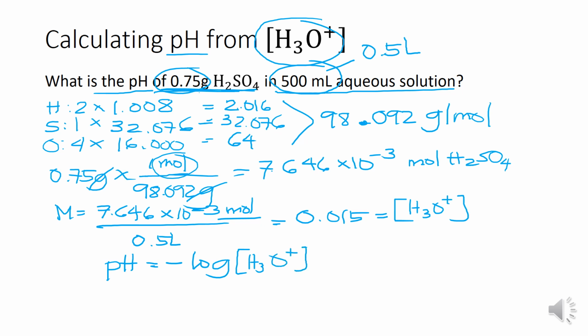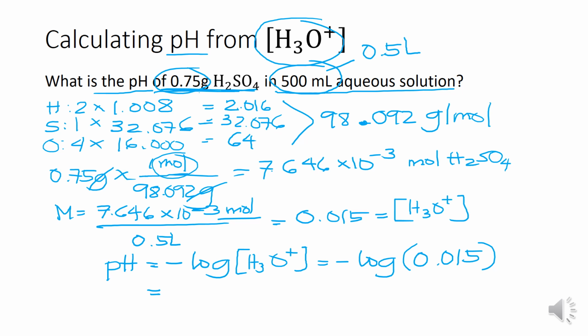Let's plug in the concentration: negative log to the base 10 of 0.015, which gives 1.824.